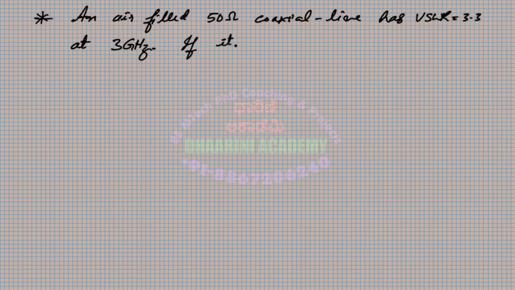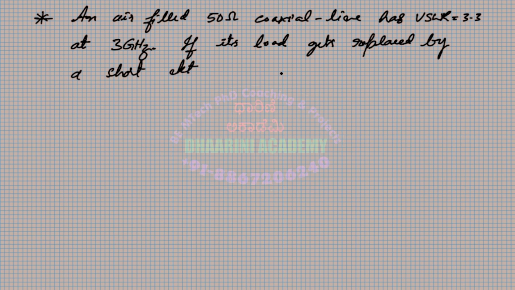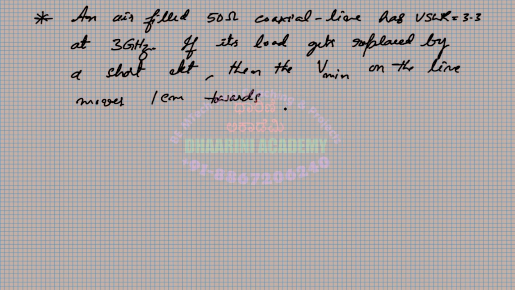If its load gets replaced by a short circuit, then the V min on the line moves 1 centimeter towards the generator. Find ZL is the question.